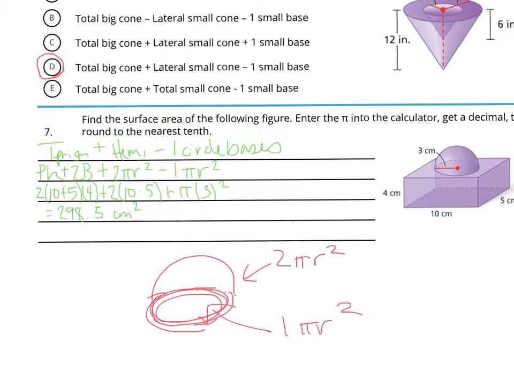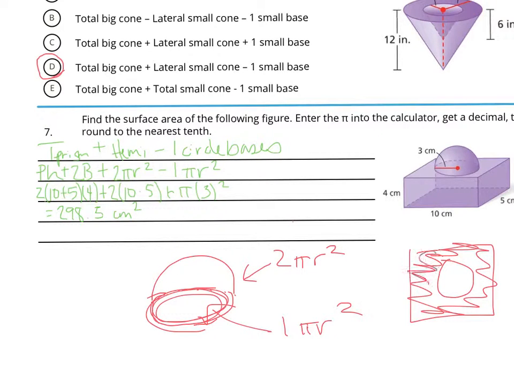Then, if I were to take off the top of that prism, there would be a circle that was not painted. So I have to subtract out one circular base because that's not going to be painted. I'm not subtracting 2 bases because the hemisphere never had a base, so there was nothing to take away from it.